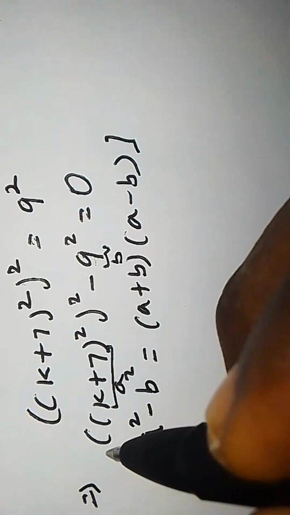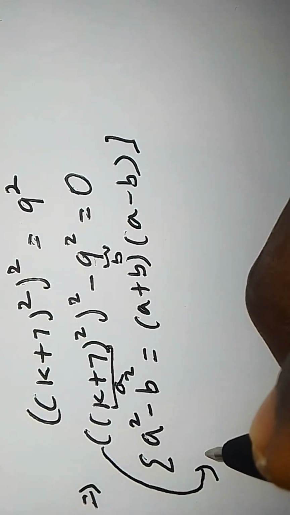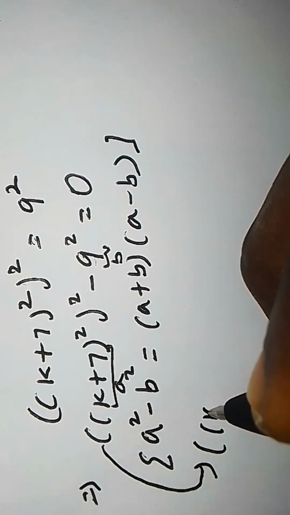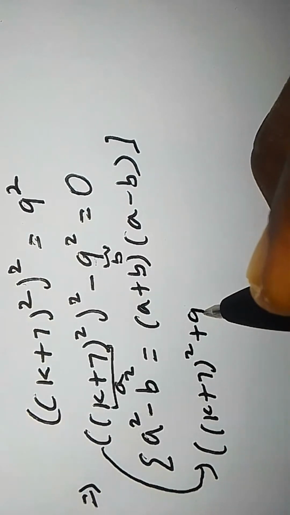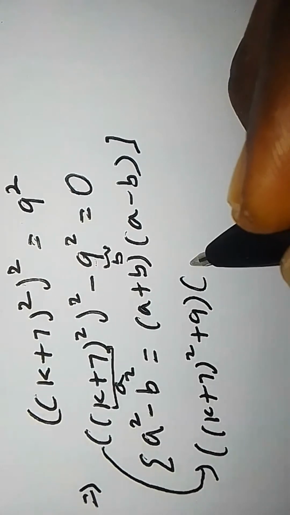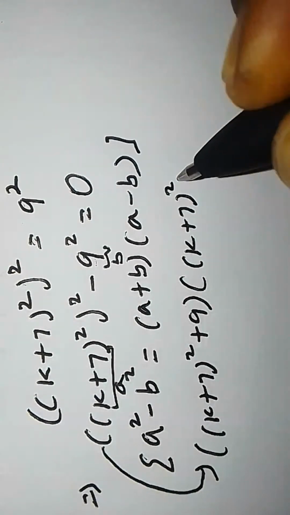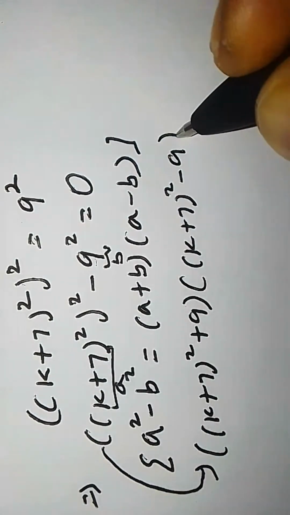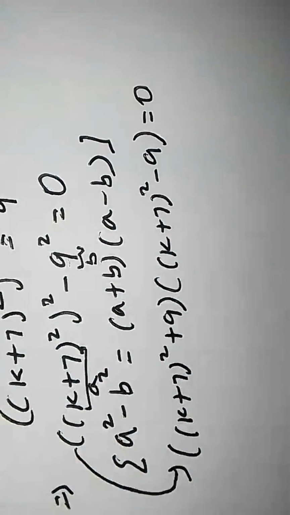So applying this identity, we simply have ((k plus 7) squared plus 9) times ((k plus 7) squared minus 9) equal to 0. Let's proceed further.